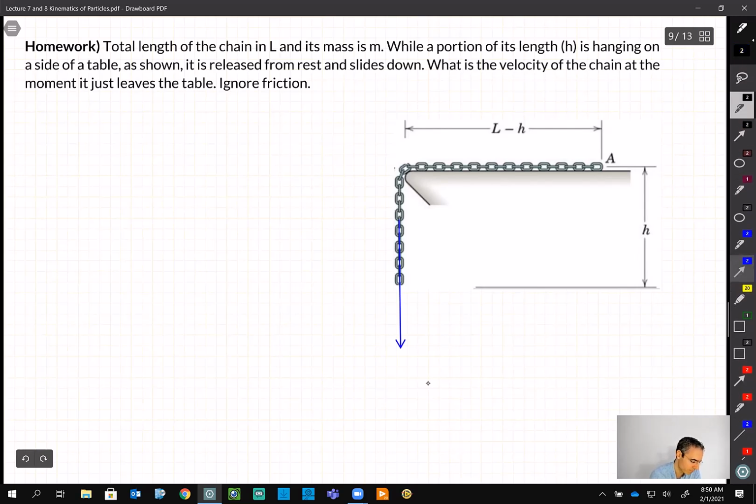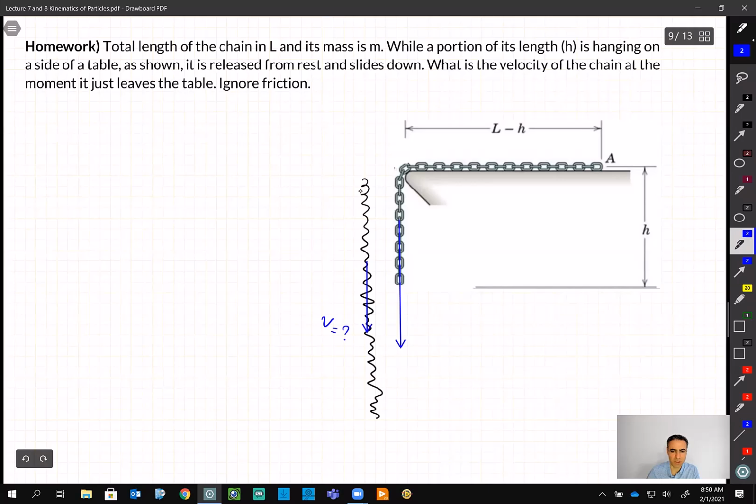Let's assume this is the chain. Everything is going to be here. We want to know its velocity. Of course, it's not moving to the left, but I just drew it for this moment. So use the energy method and try to solve it.